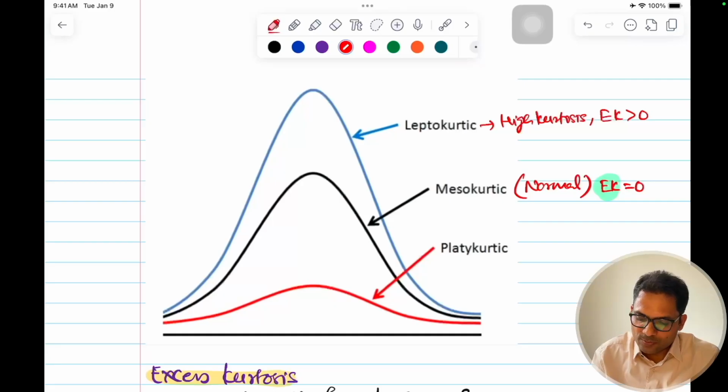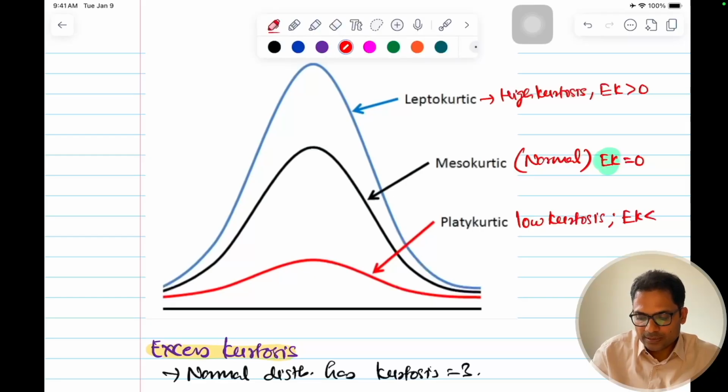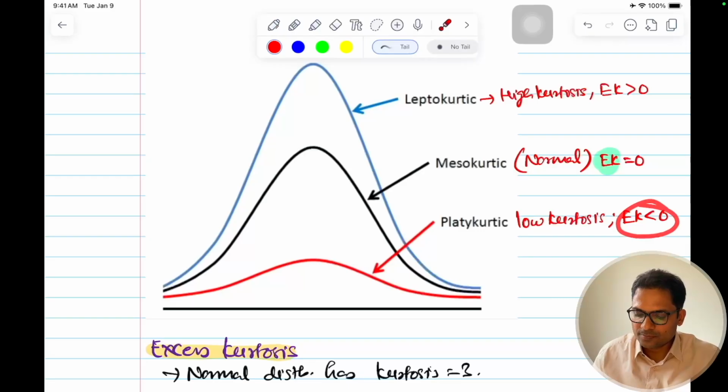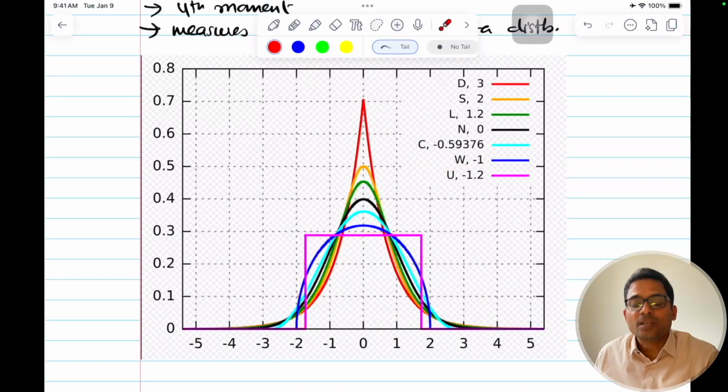Similarly, the opposite would be platykurtic, where kurtosis is low, and here excess kurtosis is less than 0, negative. For example, even the peak is small, and the tails are also thinner than the normal distribution. Almost like, if you see here, the uniform distribution, it has negative kurtosis.